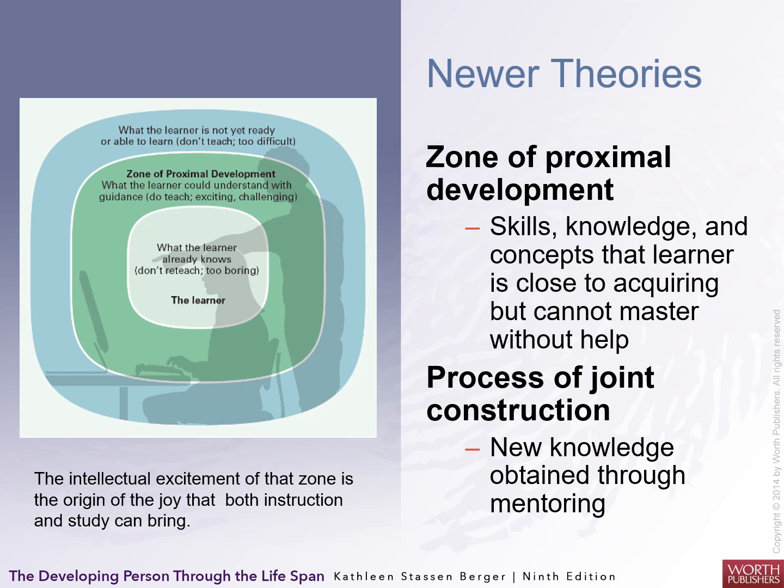So basically the helper or the parent or the model helps them through a process of joint construction where they learn together as a mentor. So if you've ever done an internship in a job or for a class, that's kind of what they're talking about.